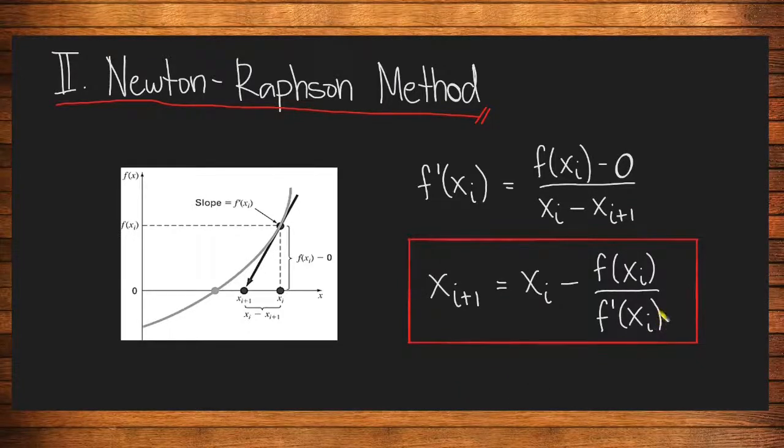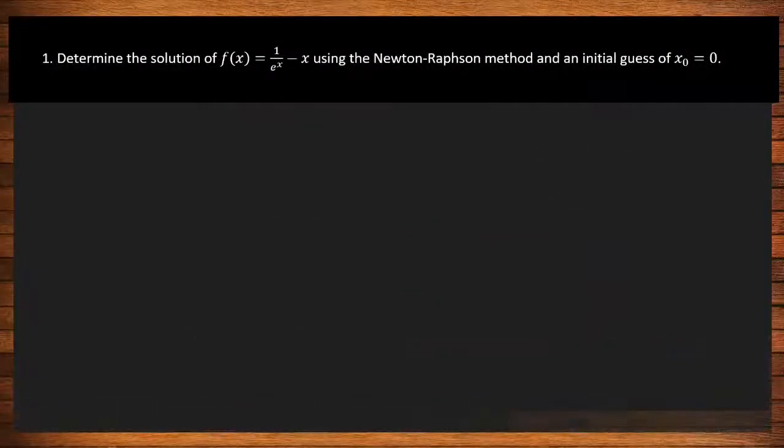When using the Newton-Raphson method, kailangan natin kunin yung first derivative ng function natin with respect to x. Now, let us take a look at this example. Determine the solution of f of x equal to 1 over e raised to x minus x using the Newton-Raphson method and an initial guess of x sub 0 equal to 0.